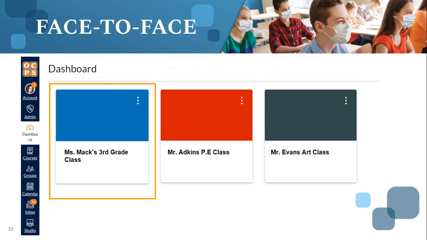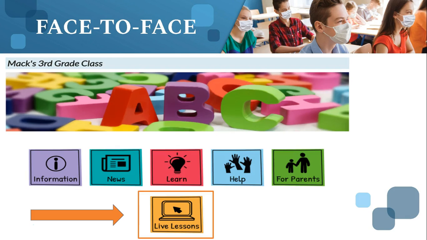When the student enters Canvas, they will see all of their classes as tiles on the screen. They will click on a tile. Every course is designed by the teacher and they look different, but in each course you should see a title for live lessons. Live lessons can also be accessed on the left-hand side of their screen under Conferences. This is where they will go to access their live lesson with their teacher.